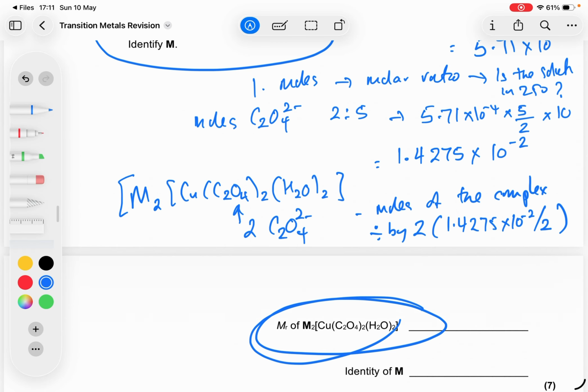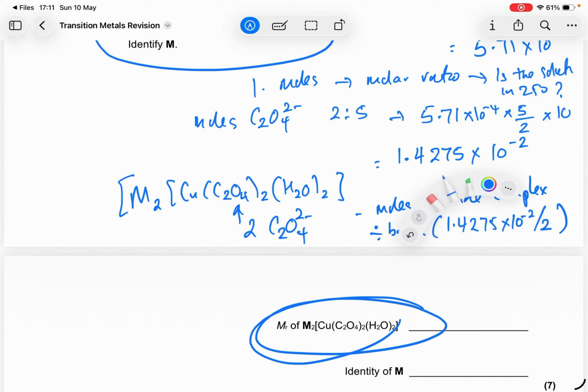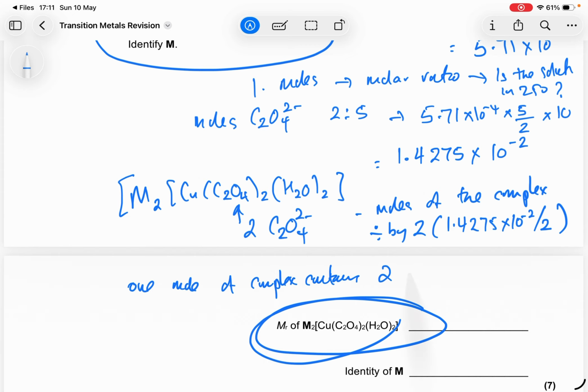And the reason is because we divide by 2 to get the moles of the complex, because 1 mole of complex contains 2 moles of ethanedioate. And that's the bit you've got to sort out in order to get the marks. That then gives us 7.1375 times 10 to the minus 3 moles of the complex. So that's moles of complex.